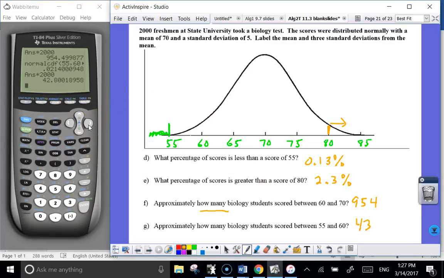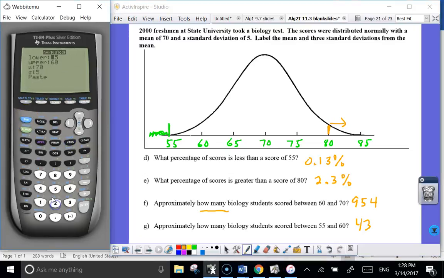Now, one last thing to tell you. Let's say the question is really about those standard percentages. Well, you can calculate the standard percentages anytime you want. For example, if I want to know what is the percent of the data which is between one standard deviation to the left and to the right, then do this. Second vars, 2.